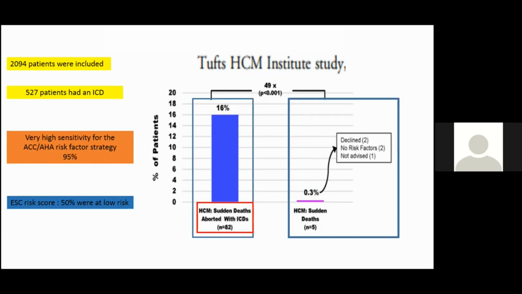That is the imbalance between appropriate shocks and patients who can benefit from the ICD and the patients who have the implantation but don't use it.